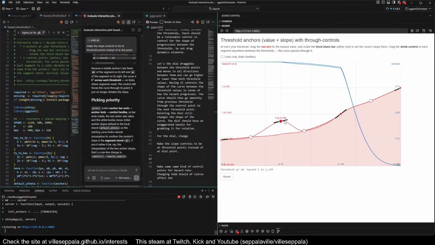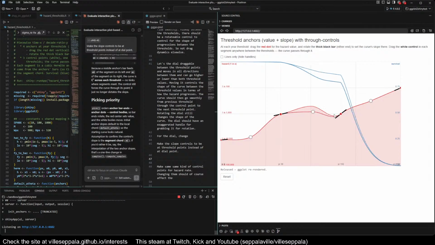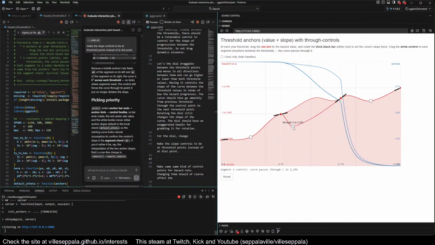But again, this issue here that if I want to change this, I have to, do I have one control too much in here, or should this be optional? Well, I'm not sure. Maybe it's not too much. If I change this, it kind of overrides this slope control, I feel.